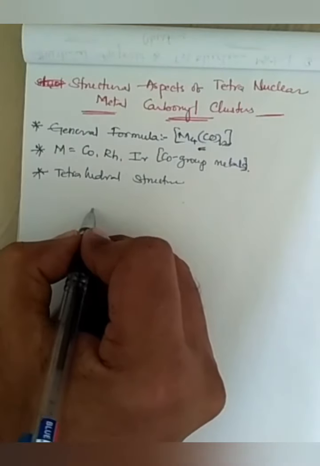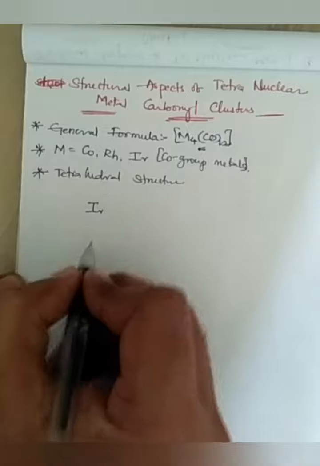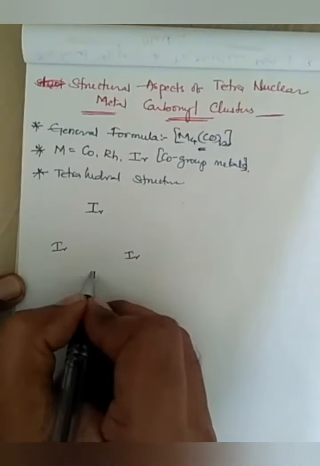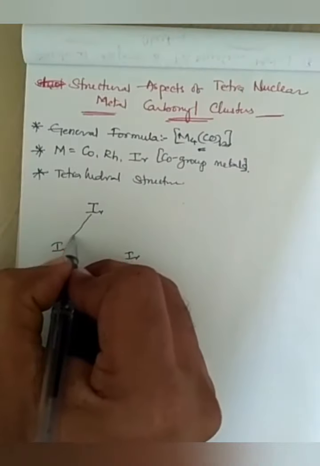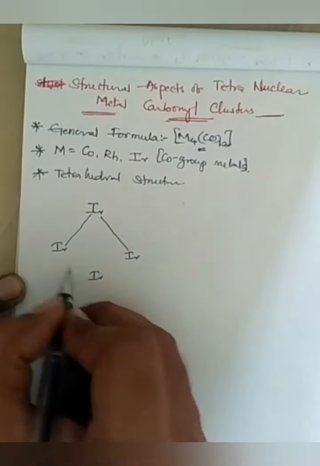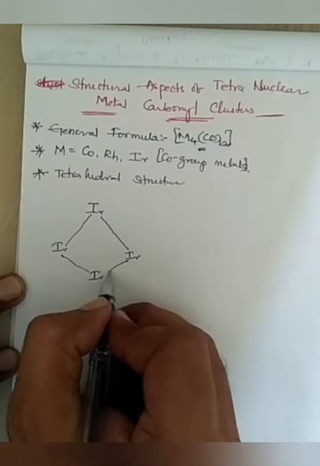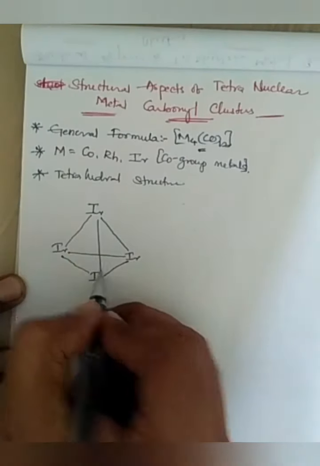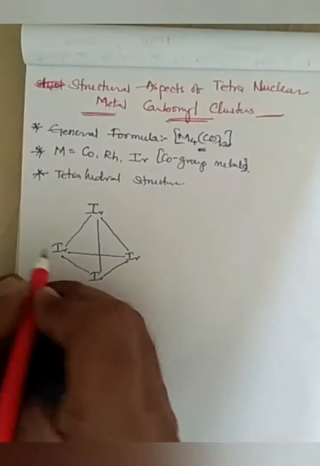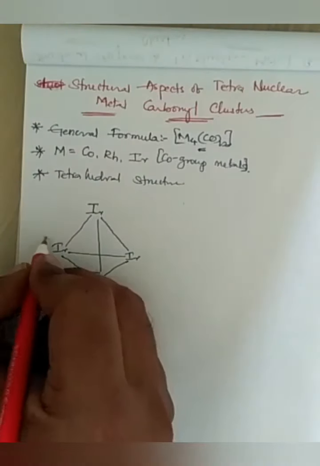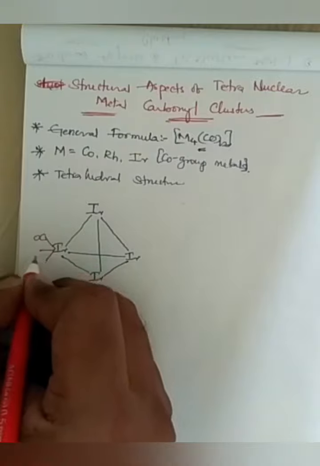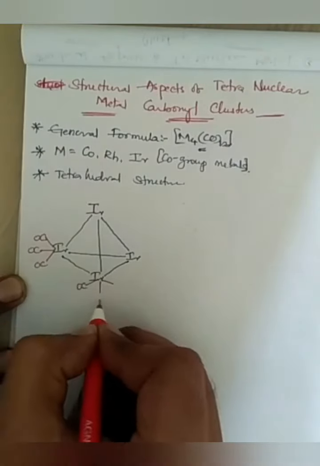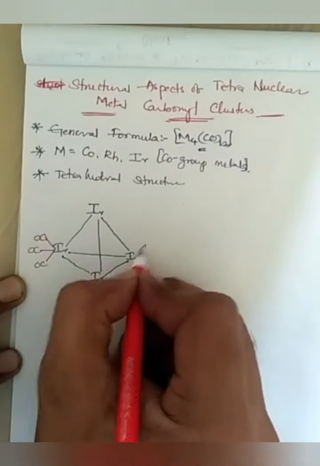When it comes to iridium, there are 4 iridiums on the 4 corners of the tetrahedron, and each iridium is bonded to 3 terminal carbonyls.